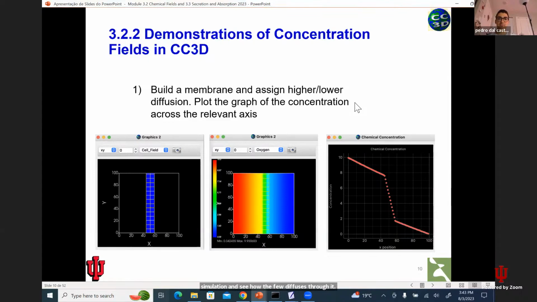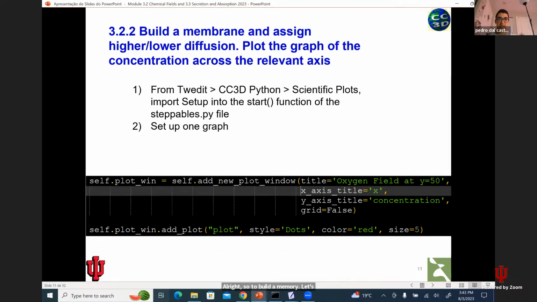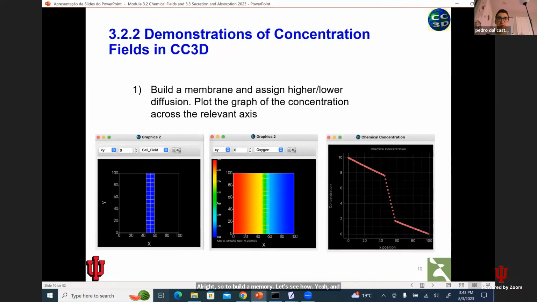So to build a membrane, to do the membrane, you must create the cells from Y0 to Y100 and from X 50 to 60. So you create that thin layer of cells in the middle of the simulation and set for them a diffusion constant lower than the diffusion constant in the medium.